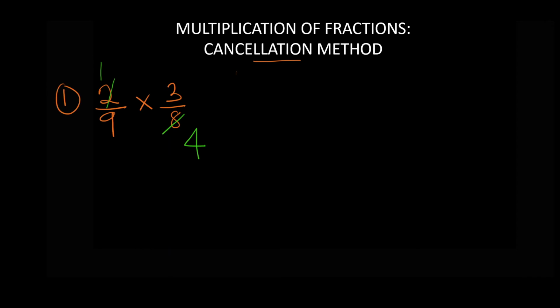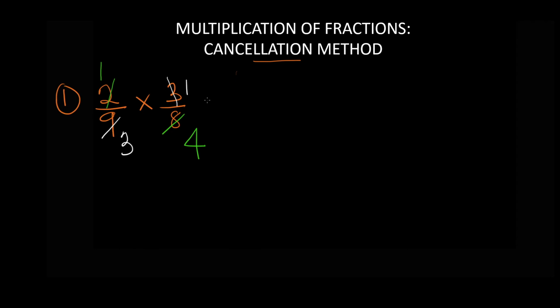Okay? If you also take note, 3 and 9, 3 can divide 3, 3 can also divide 9. That means 3 is a common factor right there. So I will say 3 in 3 is 1, 3 in 9 is 3.